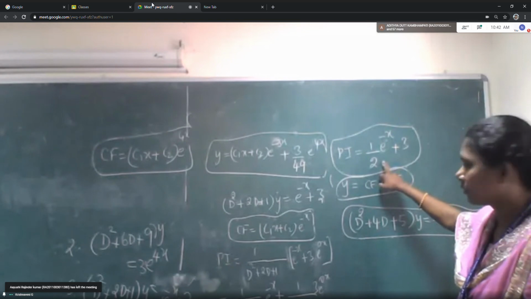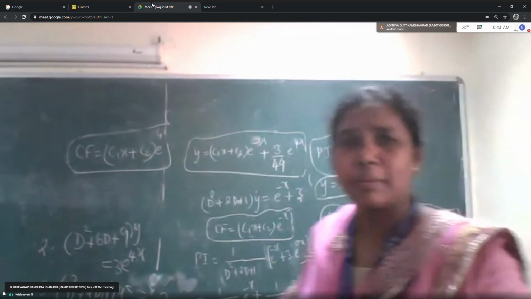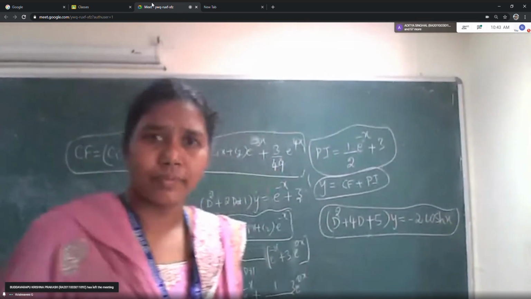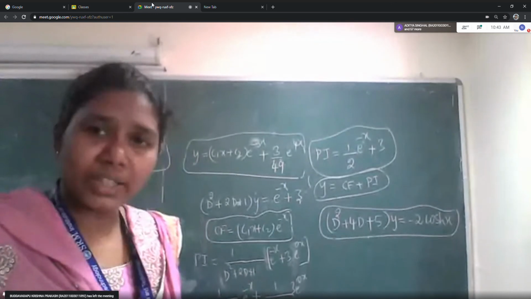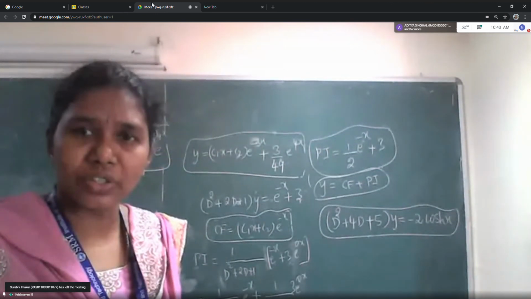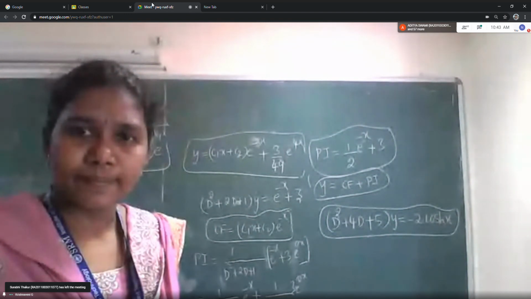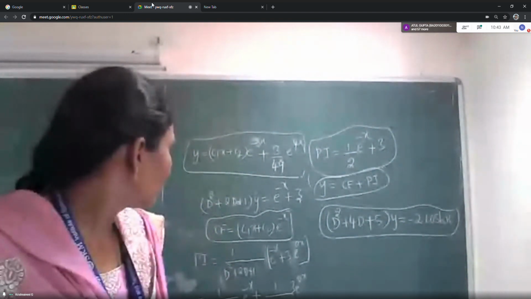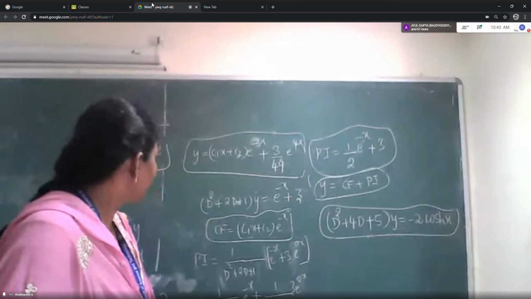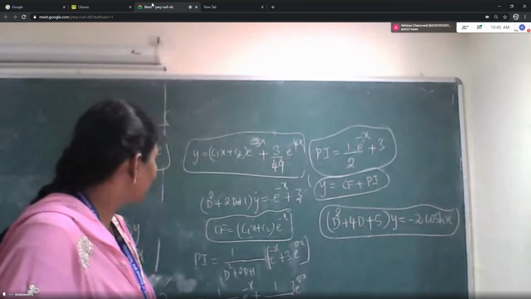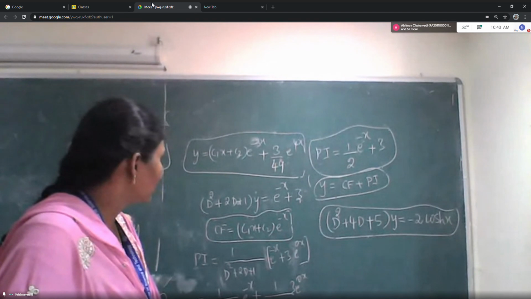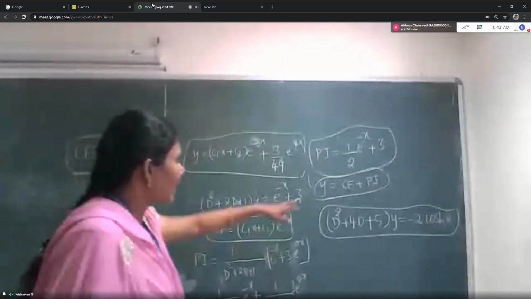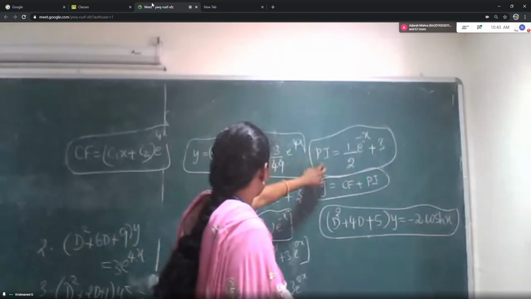Half into x square into e to the power minus x, how will it come? If we get the denominator value 0 only, no, we have to differentiate. If we substitute minus 1, we'll get 0 now, ma'am. Yes, ma'am, x square will come. This is right or wrong? Ma'am, x square will be there.